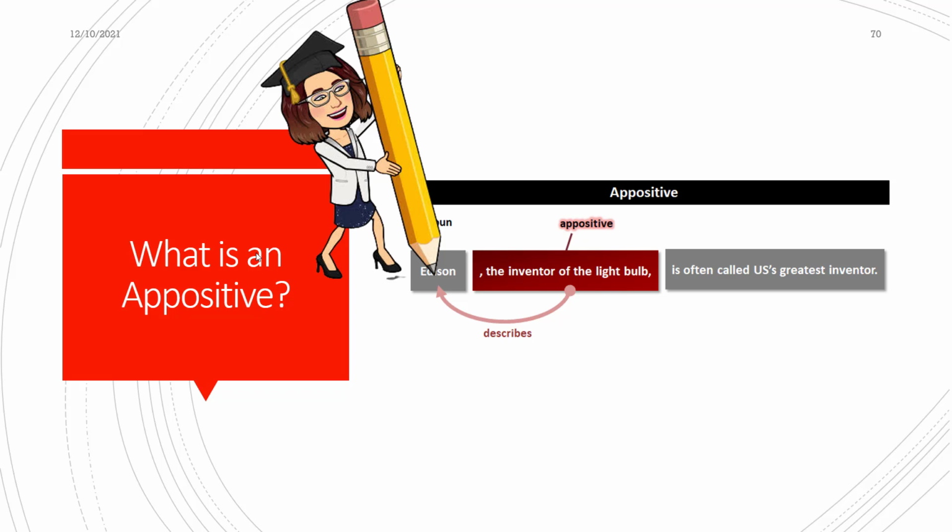So instead of saying Edison is often called the world's greatest inventor. Edison is the inventor of the light bulb. Instead of saying Edison again, you use who, in order to combine the two simple sentences together. And therefore, when you have the first adjective clause, that is an appositive, and then you have two commas. I hope that makes sense to you.